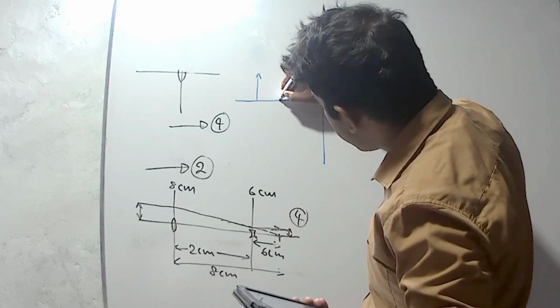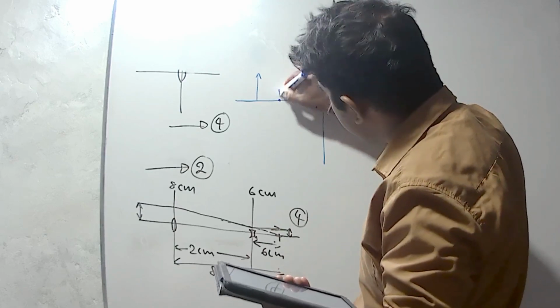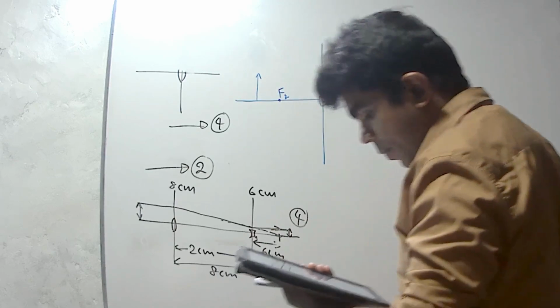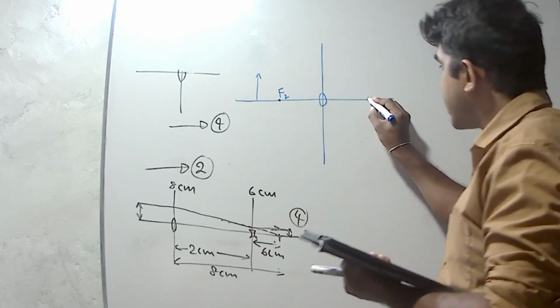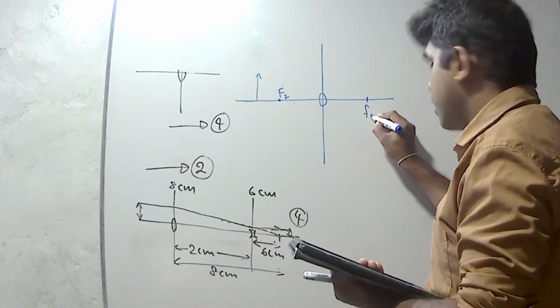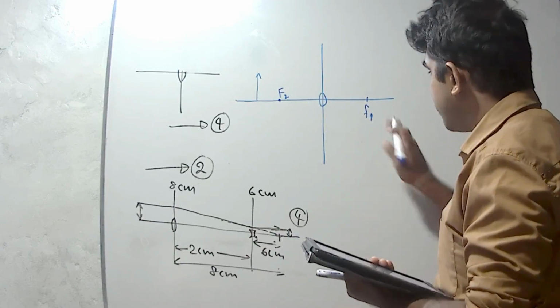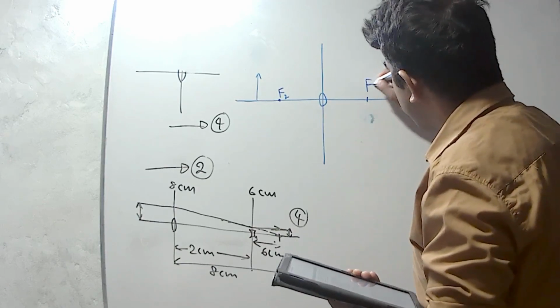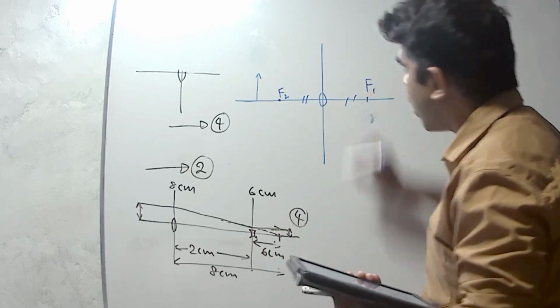This one is focal point F2, and the other focal point is this one, F1. This distance should be equal to this one.